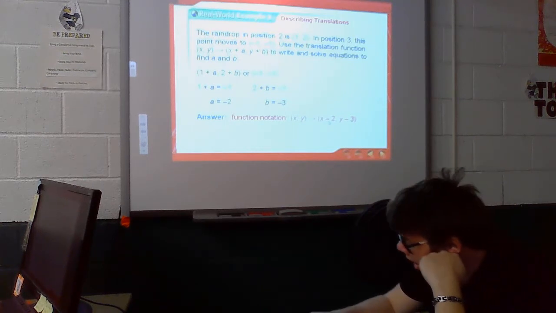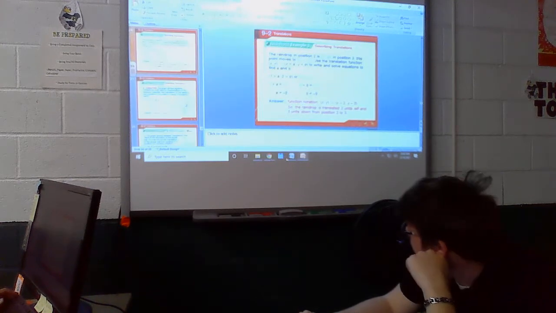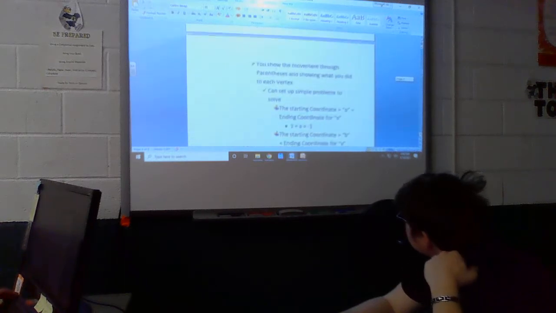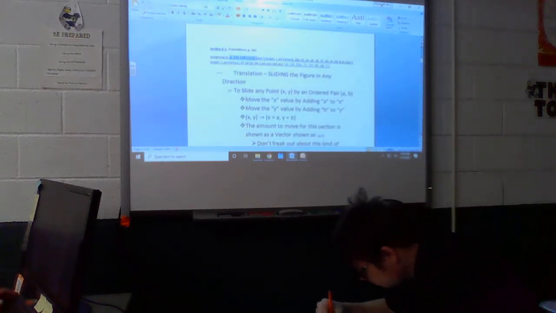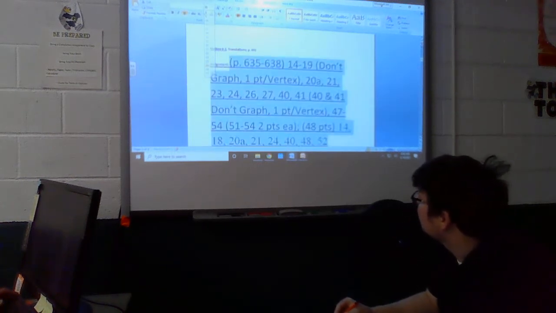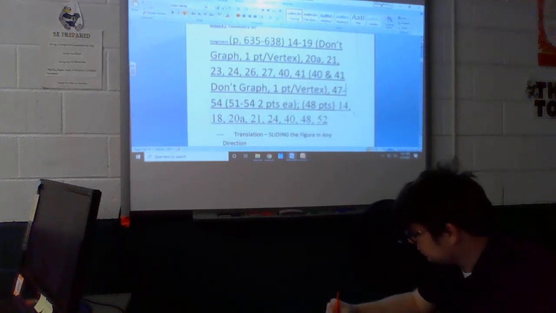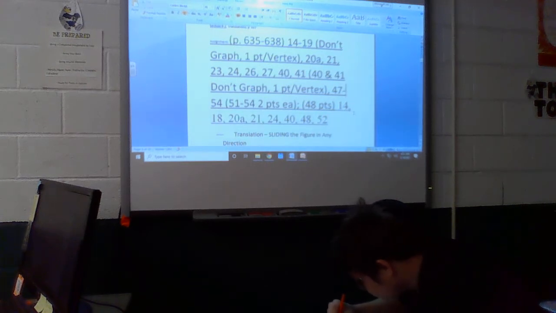Make sense? Okay? That's it. That's all you got to do for this section. Piece of cake, right? Again, you do not have to graph them. If you want to graph them, you can, but you don't have to.